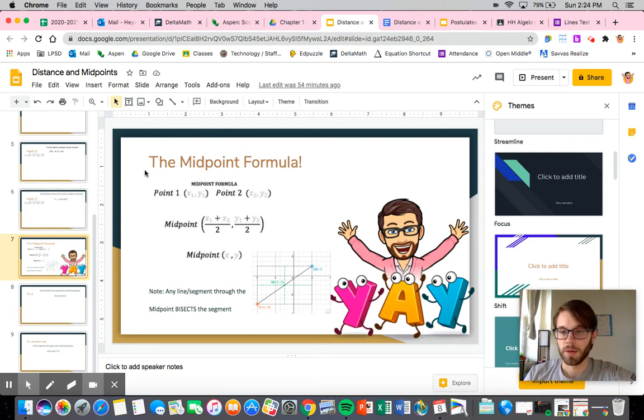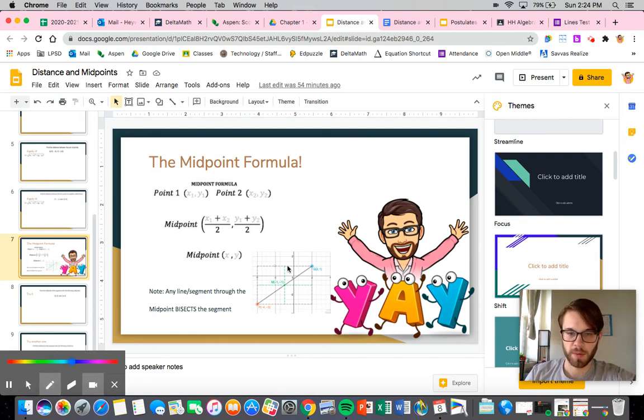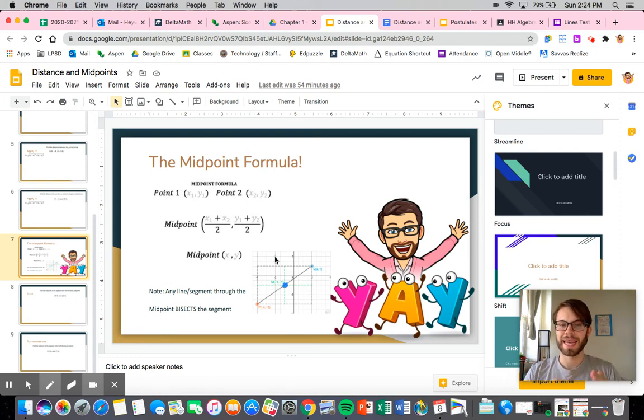All right. So what we're going to do to find its middle is use the midpoint formula. What I mean by finding its middle is, see how we have our segment here, right here, that's the middle of our segment? That's the midpoint. If you were to draw a line through it, it would cut it in half.